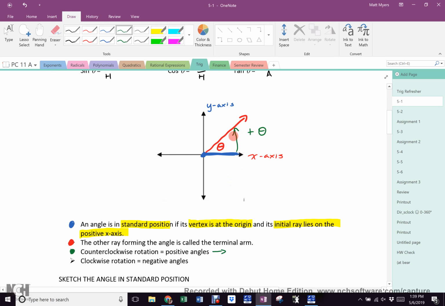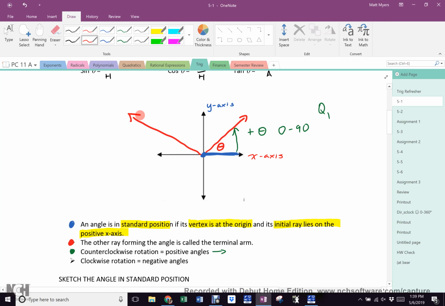What are the values that it could be? Anything between what and what? It can be 0 up to 90. Agreed? Everybody understand? So in quadrant 1, because this is quadrant 1, all my angles are 0 to 90, yes? Okay.